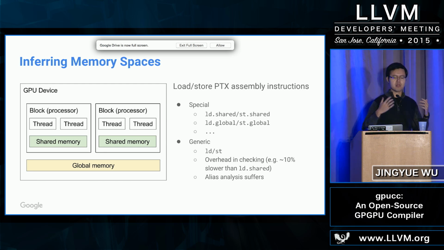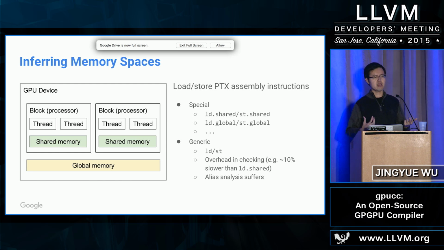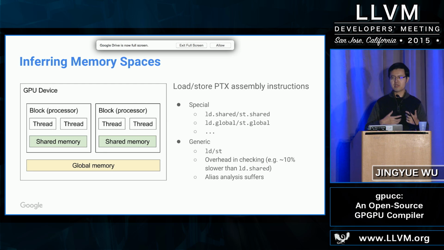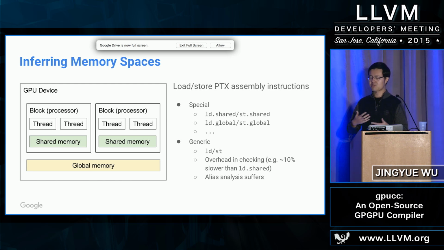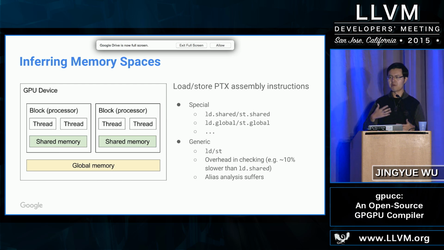All the threads and all the blocks share the same global memory. But at the same time, each block has its private shared memory that's shared across all the threads in the same block. Shared memory is much smaller, but also much faster to access than global memory. In order to enable software control of these different memory components, the PTX instruction set provides several special load and store instructions.